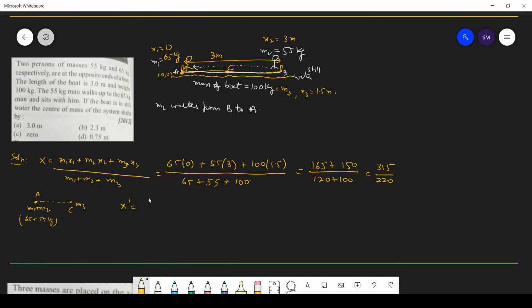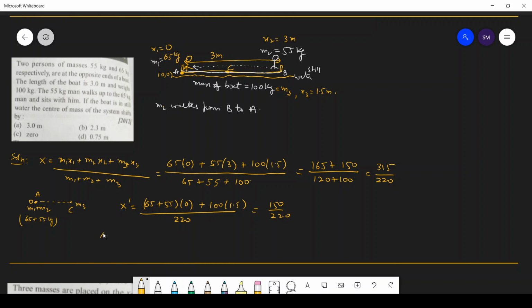Obviously this is the origin 0. So 0.75 meter is the answer. Good. Others can also calculate. 65 plus 55 into 0 plus, M3 remains 100, so 100 into 1.5 divided by 220, and this equals 150 upon 220.